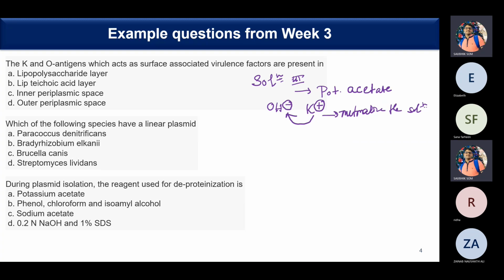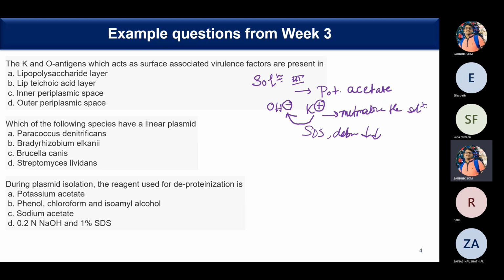Because of this neutralization, the SDS and the debris all get precipitated like a white precipitate. So these things are precipitated out.